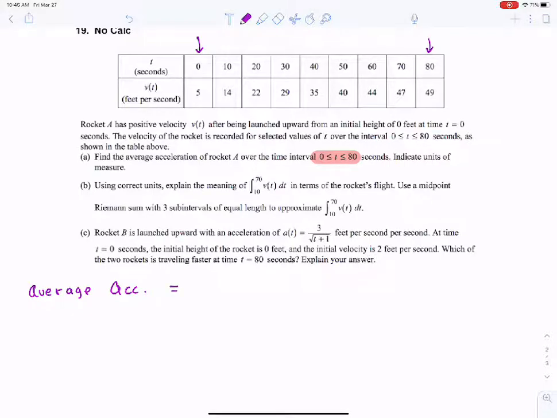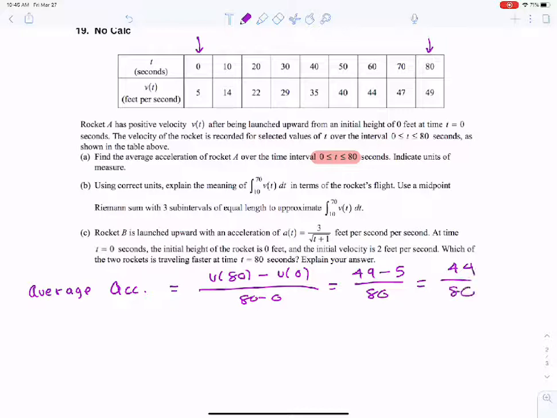So it's going to be equal to v of 80 minus v of 0 over 80 minus 0, which I think you guys would agree, that's going to be equal to 49 minus 5 over 80, which is 44 over 80. We don't have to reduce this.